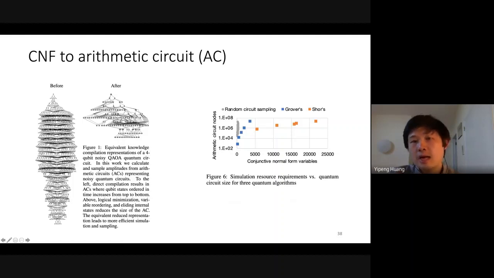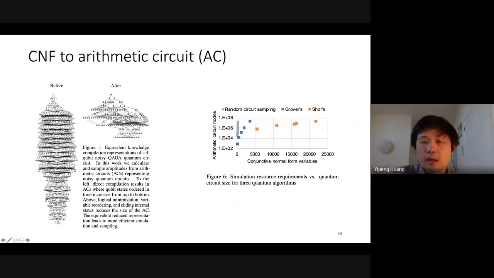Okay, and so on the right-hand side here, what I'm presenting is the ability of this compilation approach to crunch down the structure and reduce the representation for various types of algorithms. So I'm plotting the size of the final compiled representation with respect to the size of the quantum circuit. This metric of the CNF variables represents how big your quantum circuit is in terms of depth times width.